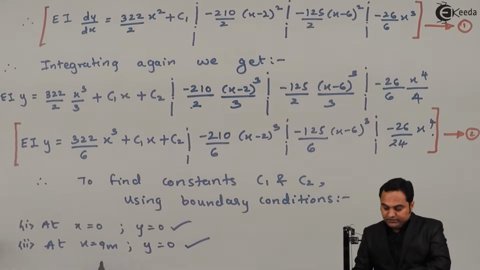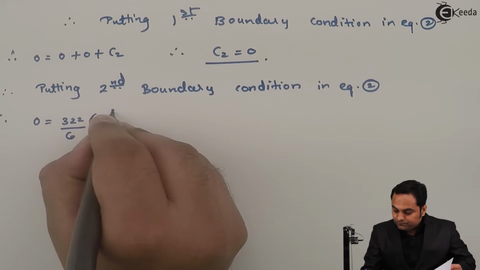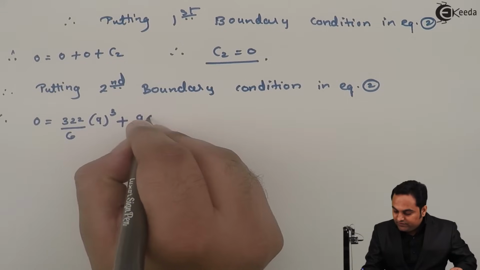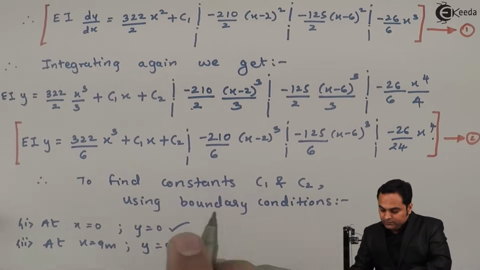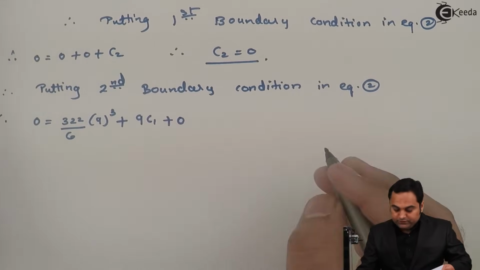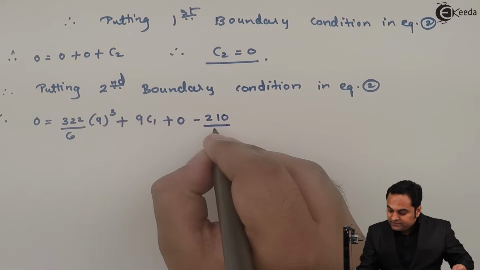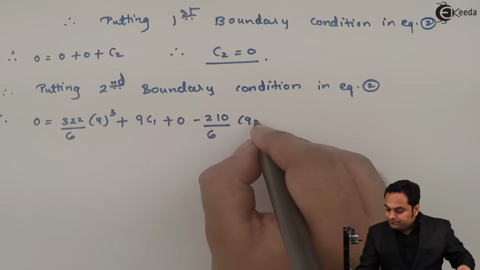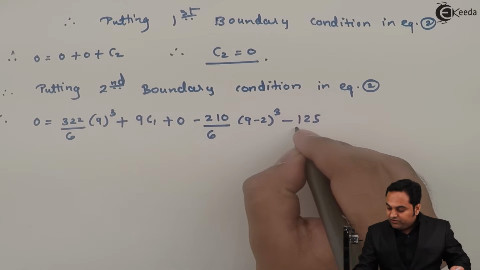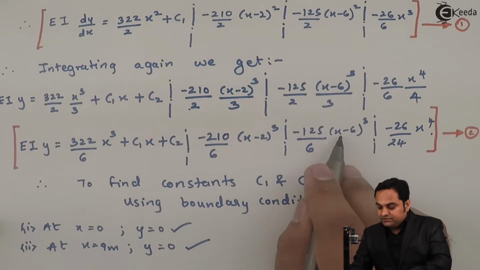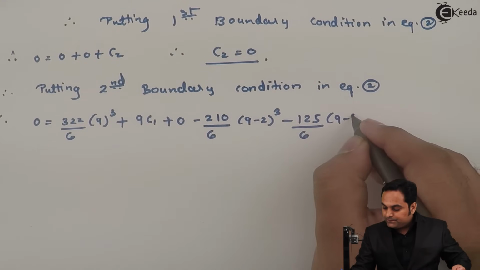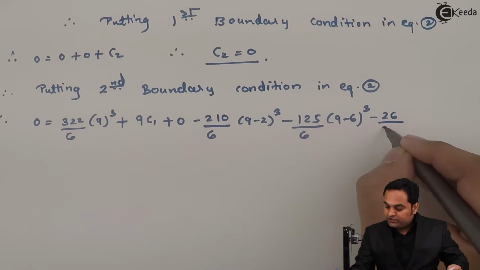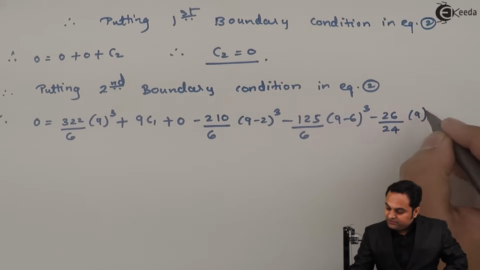In place of x I'll write down 9, so 9 cube, then plus c1 into x, that is plus 9 c1, because x is 9. Next c2 is 0, then minus 210 by 6 into bracket x minus 2, that is 9 minus 2 whole cube, then minus 125 by 6, x minus 6, that is 9 minus 6 cube, minus 26 by 24, x, that is 9 raised to 4.